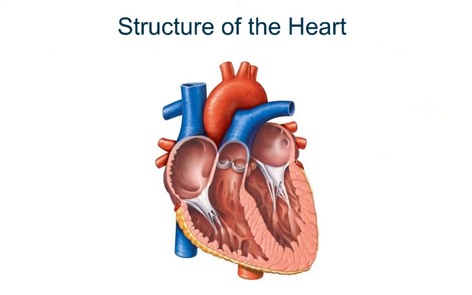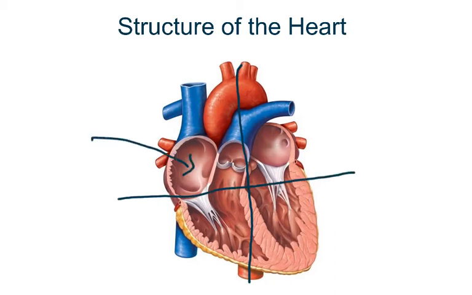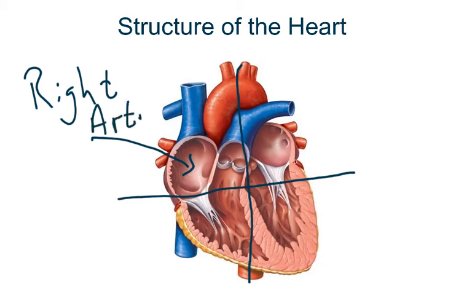Now, the structure of the heart is a four-chamber organ, and we say that because of the following. If we draw it, we create different quadrants. First here, when blood enters the heart, it enters into the right atrium, or right atria. The second chamber, which is the lower chamber, is called the right ventricle.